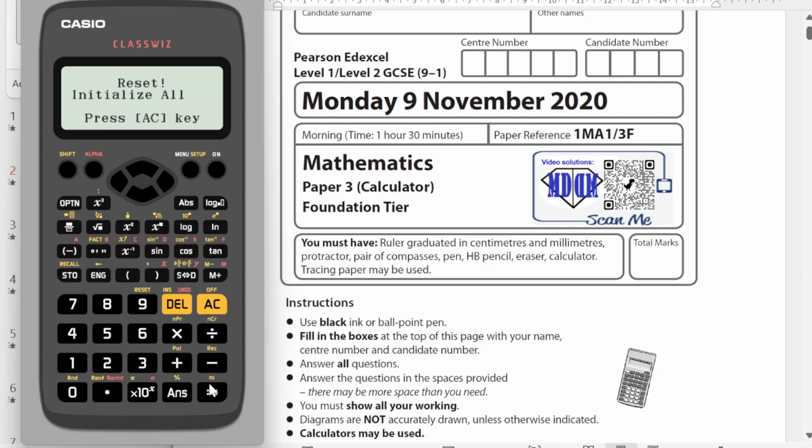And then that will make sure that a couple of things happen. Firstly, that you'll have a natural display, so you'll be able to type in fractions correctly. And secondly, it'll put your calculator into degrees mode. I see it every year, and it's even written in some mark schemes. Your answers always need to be in degrees.